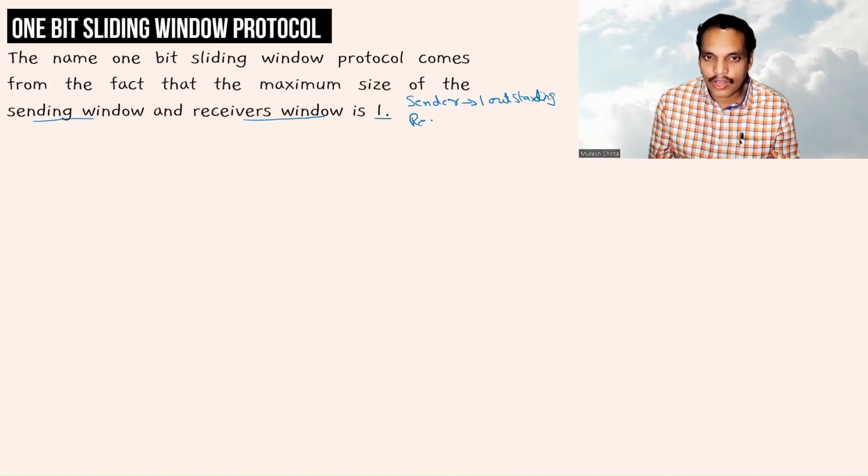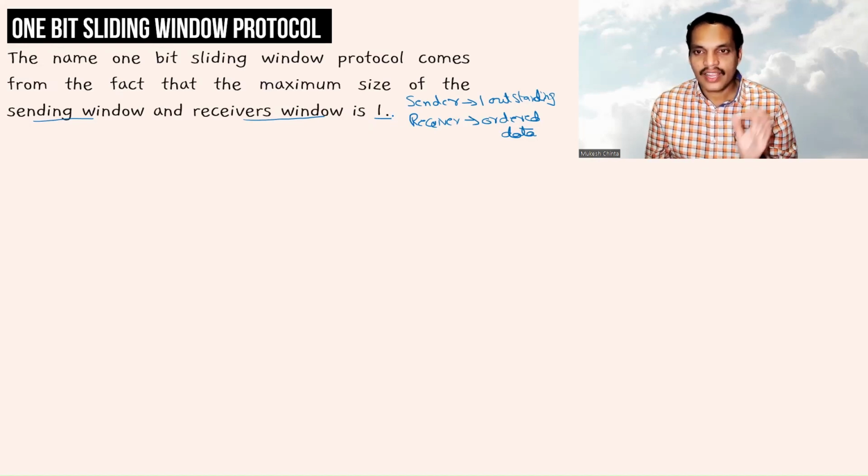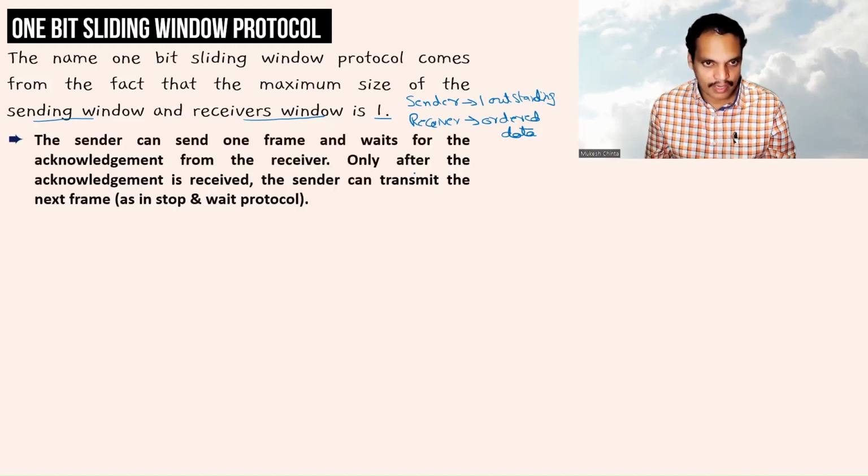And the receiver can only accept ordered data. That means the frames have to be received by the receiver in order only. If there is no order for the frames, the receiver has to discard them. I'll show you an example.